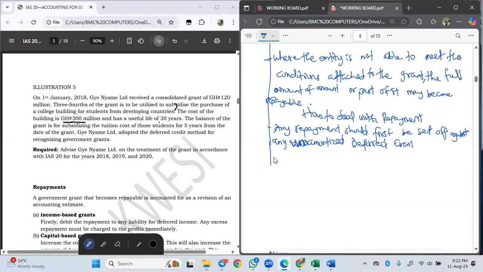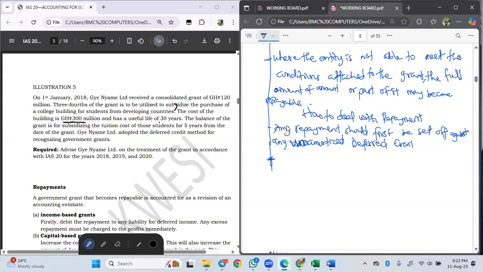Okay, deferred grant. So this one too is similar to the revaluation. You check the date of repayment, the date or the year that you failed to meet that particular condition attached to the grant. Then after repayment, you have to calculate depreciation that has not been calculated due to the grant.